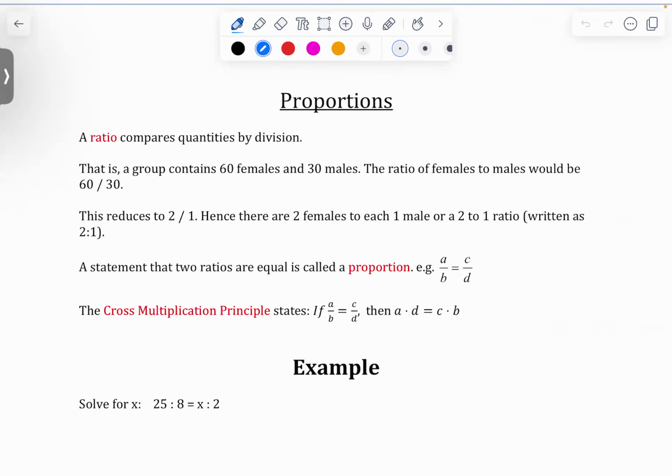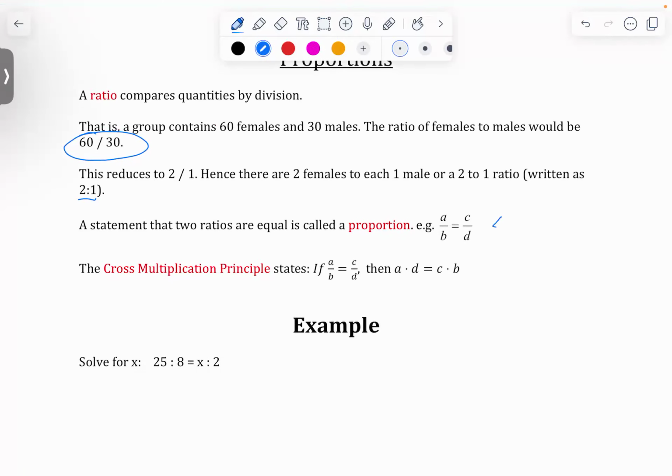The ratio of females to males would be 30 divided by 60. That reduces to 2 divided by 1. When we write that, we like this colon notation, 2 to 1. That's how that's read. The division is just how you initially have a fraction written, but we much prefer this colon type of notation.